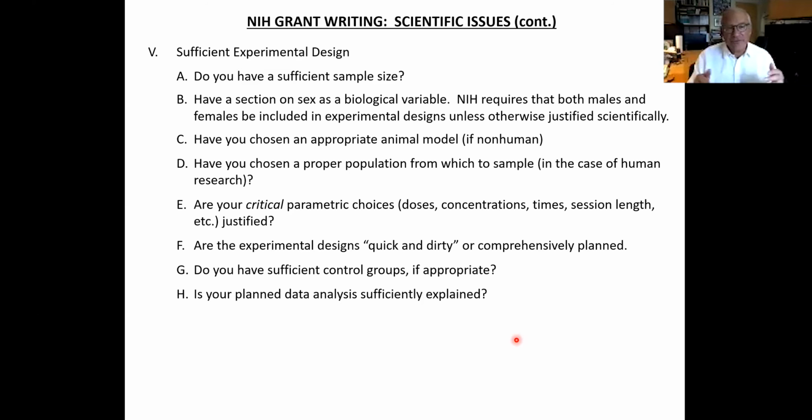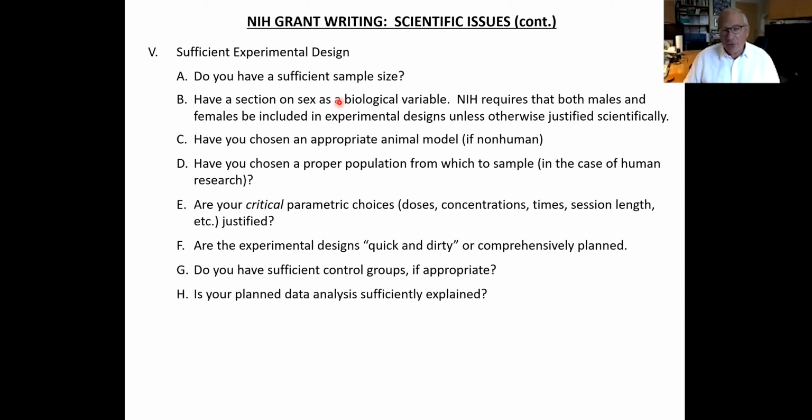Sufficient experimental design. Here's just a list of some of the things. Of course, there are others that would be more specific to your problem, but these are just some of the common general ones. Do you have a sufficient sample size? It's always nice if you can to conduct a power analysis and demonstrate that the sample sizes you're proposing are sufficient.